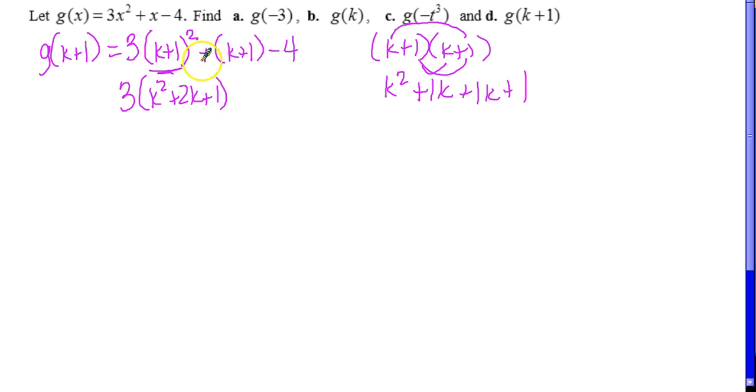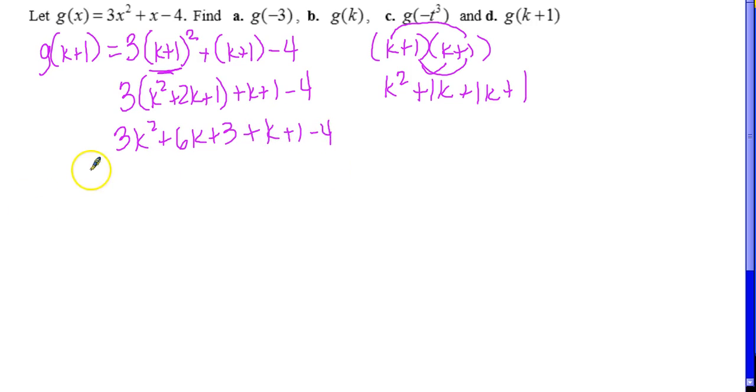Now we're going to distribute this 1, so plus k plus 1 minus 4. Now we'll distribute. So that's 3k squared plus 6k plus 3 plus k plus 1 minus 4. And we'll quickly finish it out.